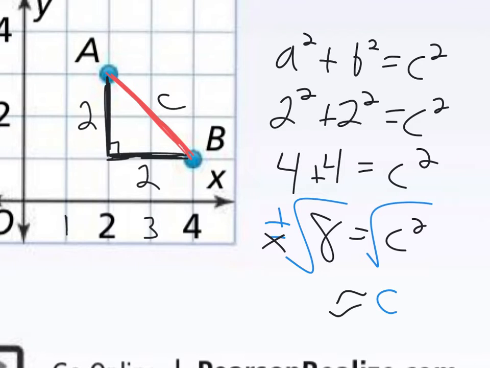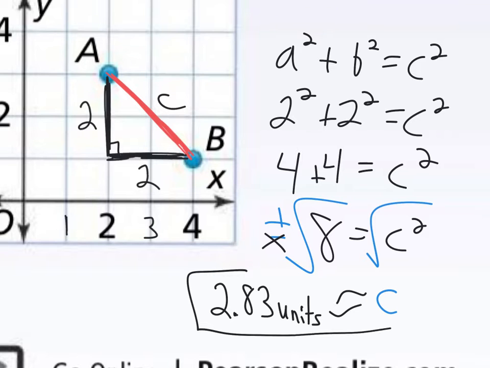If you work that out, they round it off here to the nearest hundredth. I'll try to make sure to tell you how accurate your answer should be, but they did hundredths here instead of tenths. We don't know if those are centimeters or what, so we'll just say it's about 2.83 units from A to B.